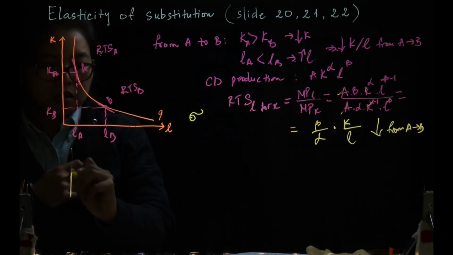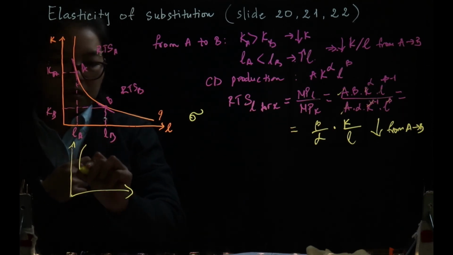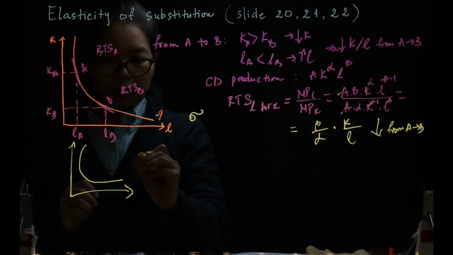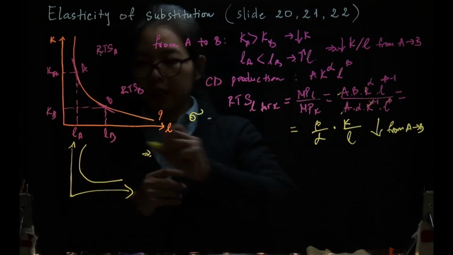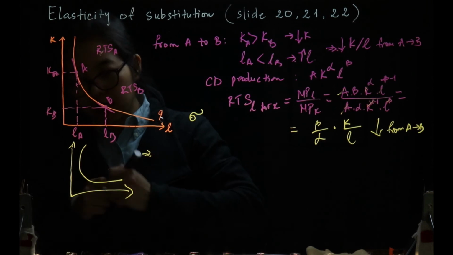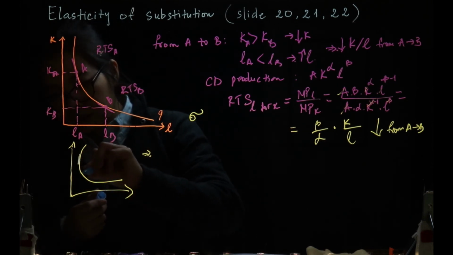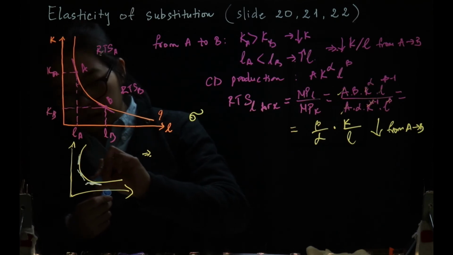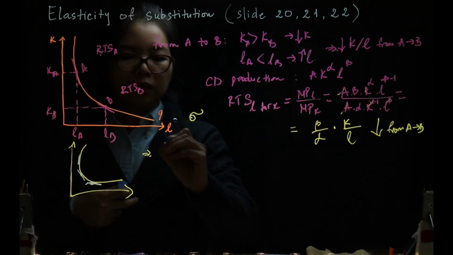So let's say you have this case where the curve's really curved. What happens here? Here, when you move from one point, let's say it's here, along the isoquant, you see that the slope or the RTS changes really rapidly, right?